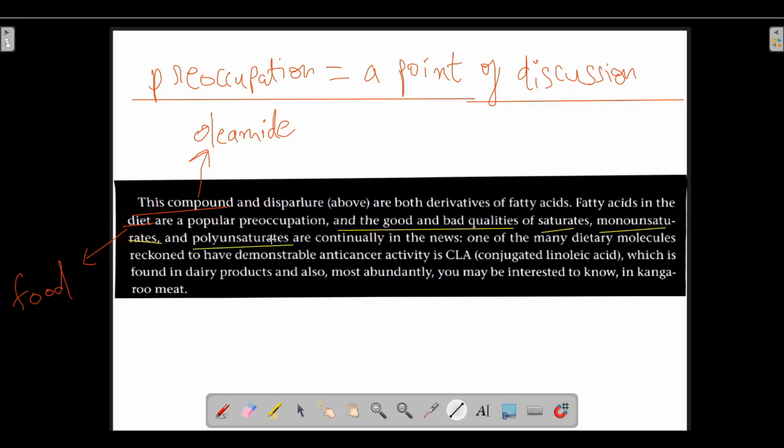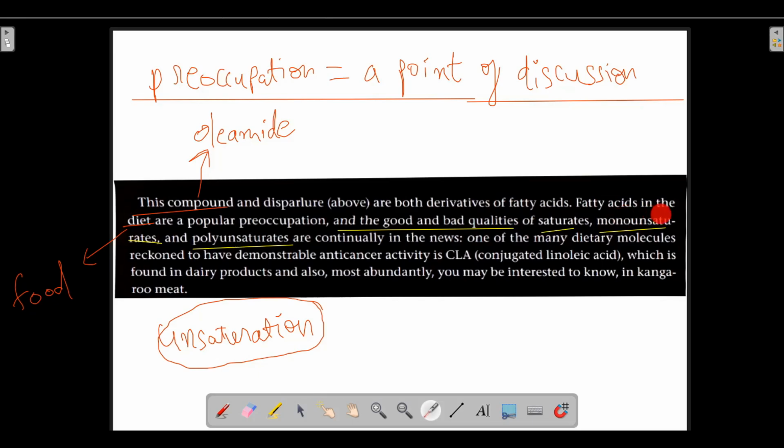Saturation is when there are only single bonds, and whenever unsaturation occurs, it means that at least one double or triple bond is present between the carbon atoms.